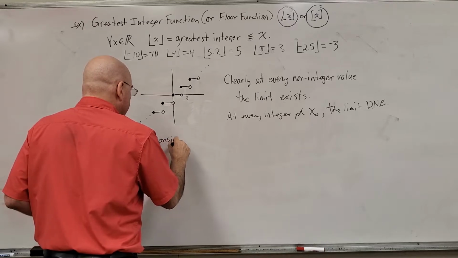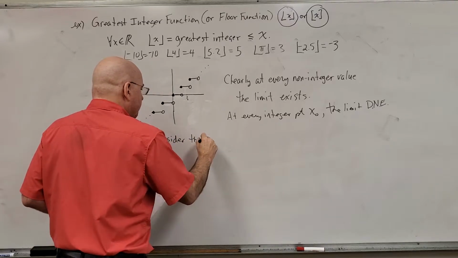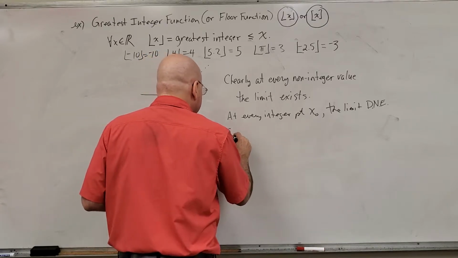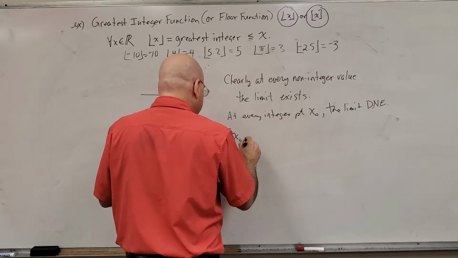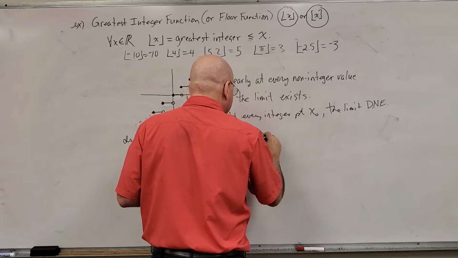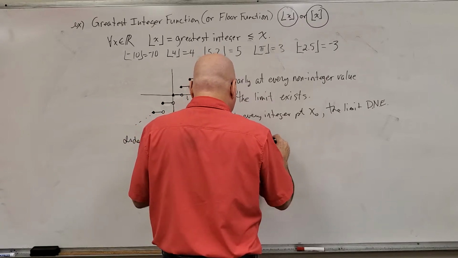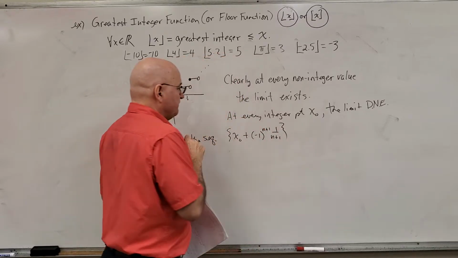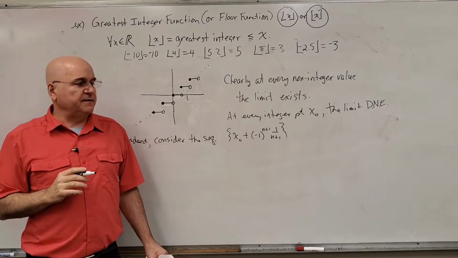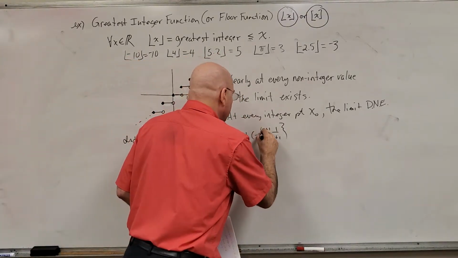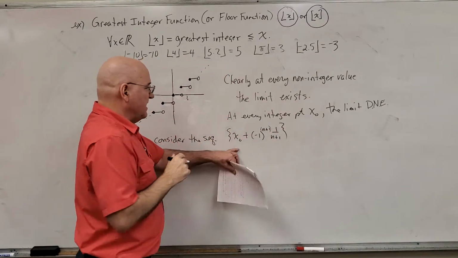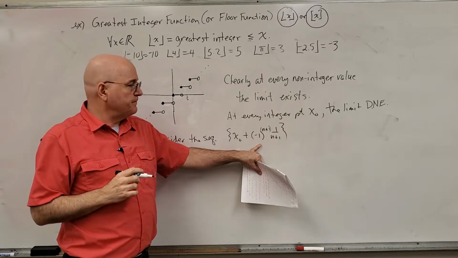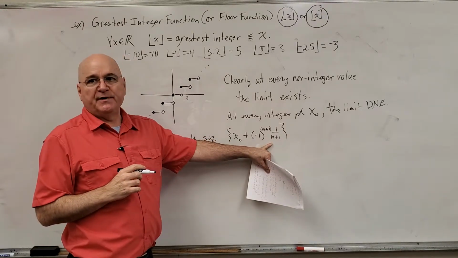Consider the sequence that I'm going to define like this: x0 plus -1 to the n plus 1 times 1 over n plus 1.